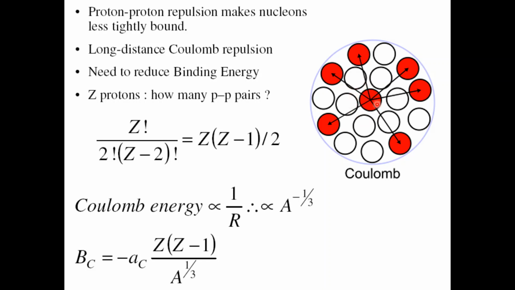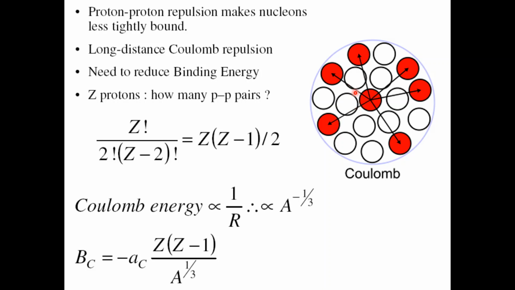So proton repulsions make the nucleus less tightly bound, and this kind of repulsion we call Coulomb repulsion. Just like the range of the electromagnetic force, as we discussed in the previous lecture, this is basically a long distance Coulomb repulsion.